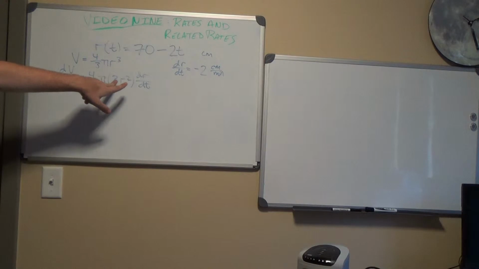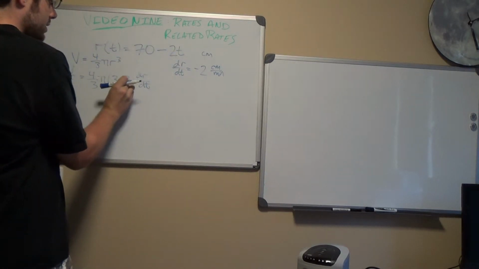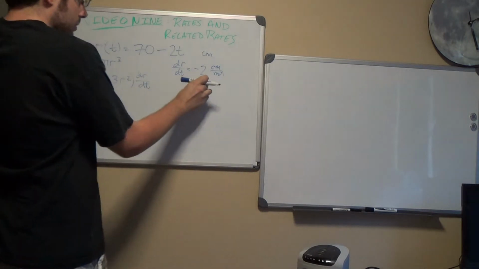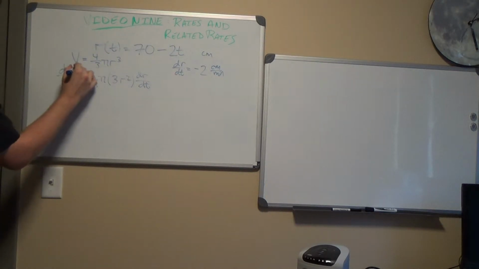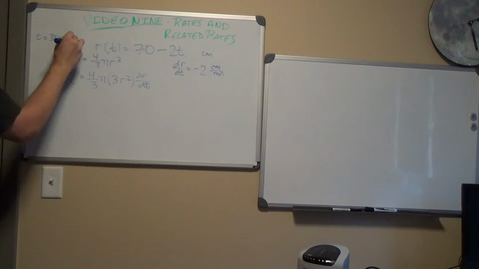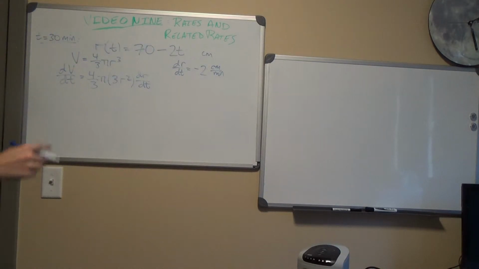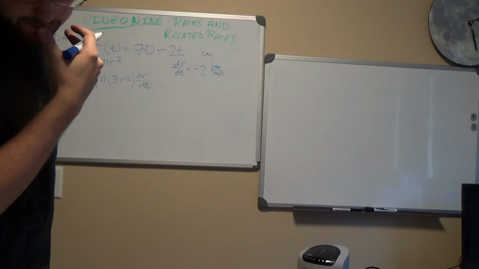So what we need to do is plug in our r function into here, plug in our rate of change here, and we will obtain an expression for dV/dt at time equal to 30 minutes. So we want to find the rate of change of the volume after 30 minutes.